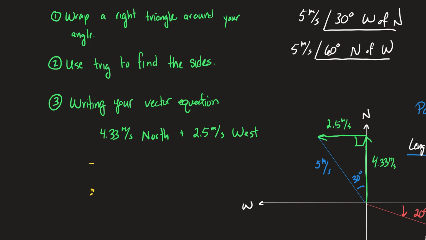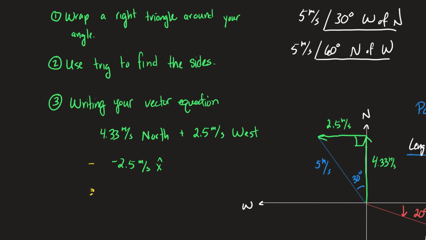Because we're going to do some vector addition, so we're going to have to assign positive and negative to things. So another way to write it, and traditionally you write the x component first, would be to say it's negative 2.5 meters per second in the x direction. This little x with a little hat on top means in the direction of x.